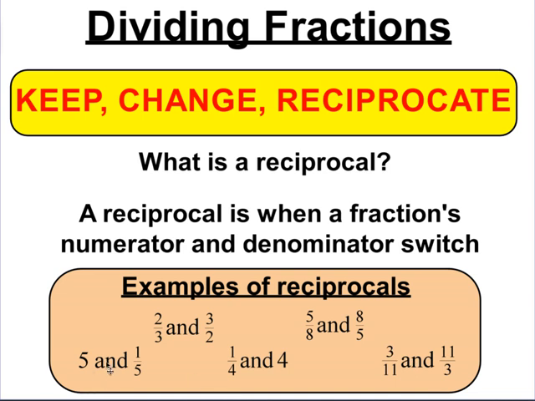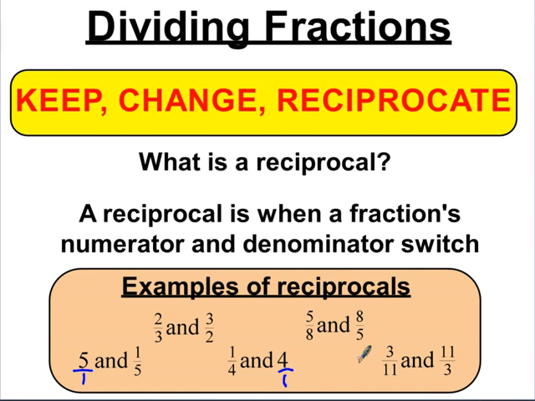The reciprocal of 5 is 1 over 5, and it's because when you write a whole number as a fraction, you write the whole number over 1. 5 over 1 means 5. So when you flip that upside down, or reciprocate it, you get 1/5. Same thing with this. The reciprocal of 1/4 would be 4 over 1.